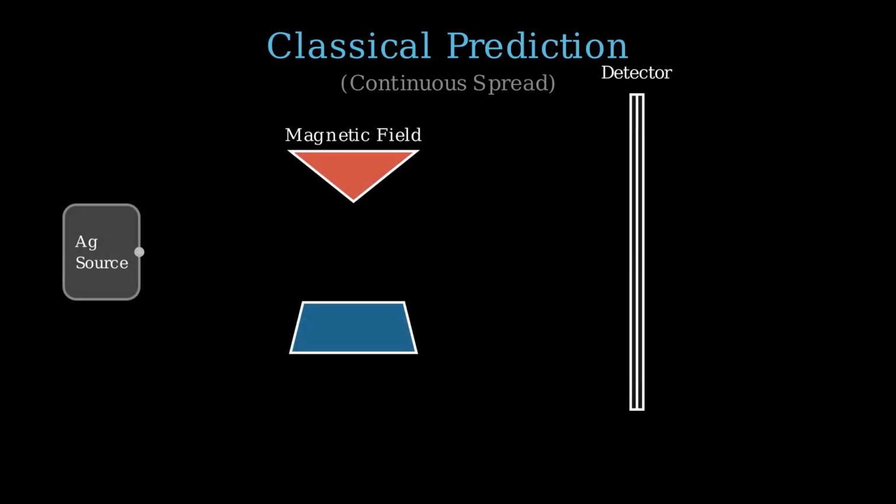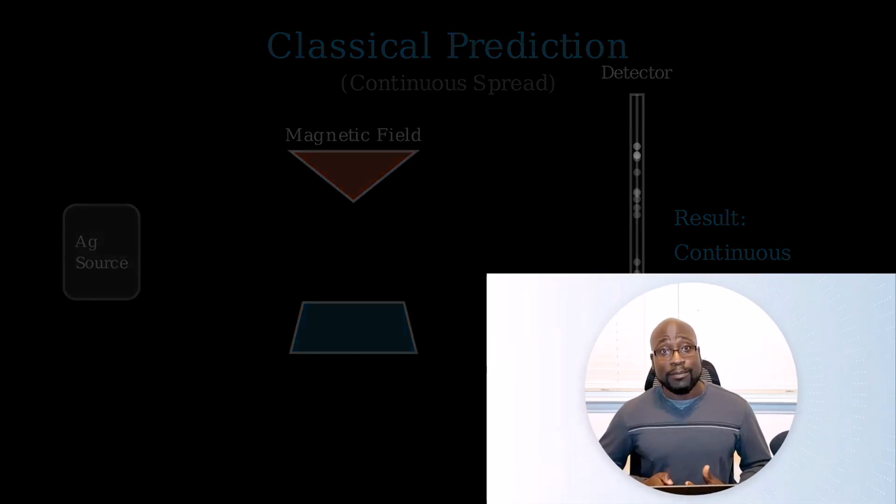They took a beam of silver atoms and passed it through an inhomogeneous magnetic field. Classical physics predicted the beam should spread out continuously. Atoms with different spin orientations should deflect by different amounts. But that's not what happened. The beam split into exactly two distinct spots.